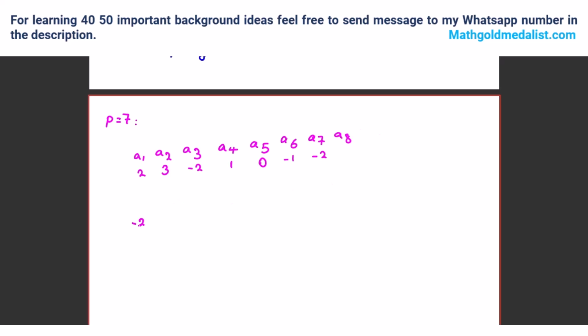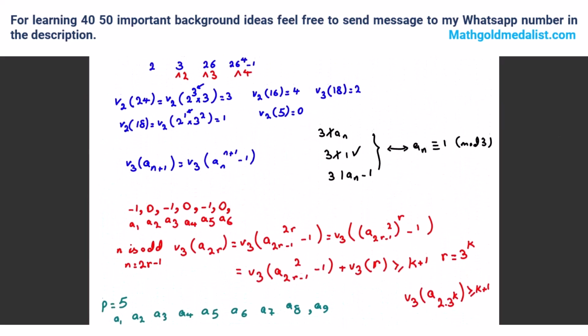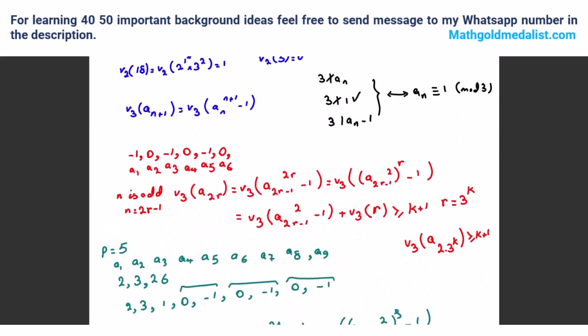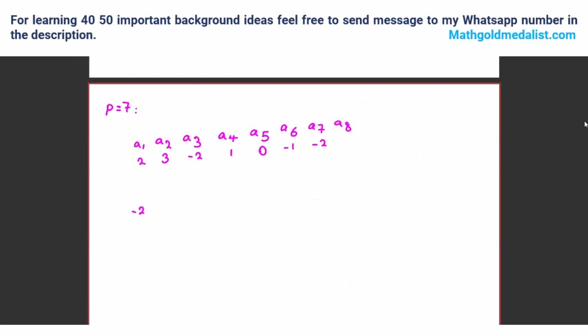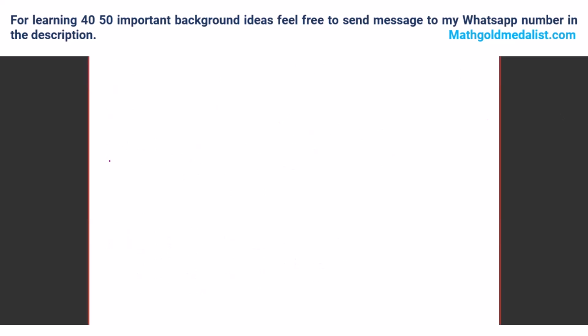And if you want to calculate negative 2 to this power here, we should use Little Fermat's theorem. That's the reason that we are checking more small examples: we can find more ideas that are useful. Idea 3, let me write it here: Little Fermat's theorem. It is what?